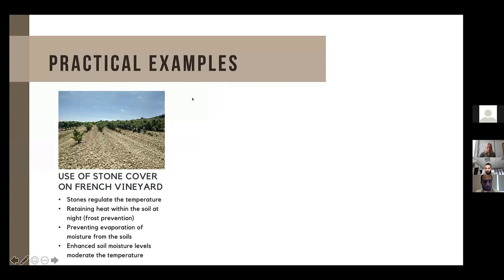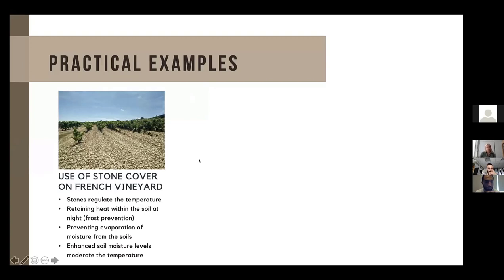For example, we have this French vineyard where they used stone cover. The whole vineyard is covered with stones, and these stones regulate the temperature. They also retain the heat within the soil at night, which is very useful for frost prevention. So they raise the heat at night on a very local scale.